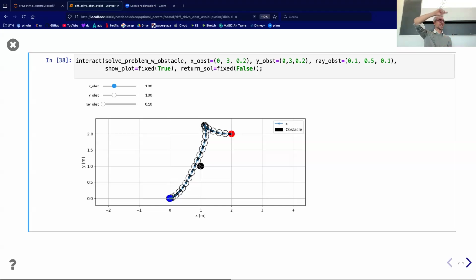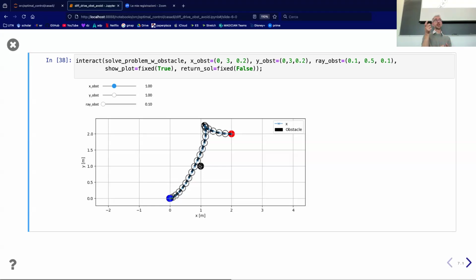But if in your mind you connect the time steps with a continuous trajectory of the robot, you can see that there is a collision. And that's always a problem that you have to keep in mind, that when you do trajectory optimization, you are only ensuring constraints, and also the dynamics, by the way, at discrete time steps. You don't have any guarantees on what happens in between.